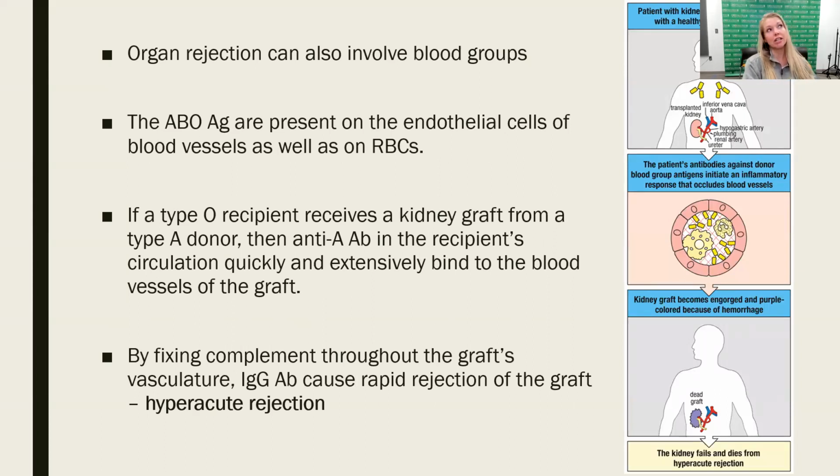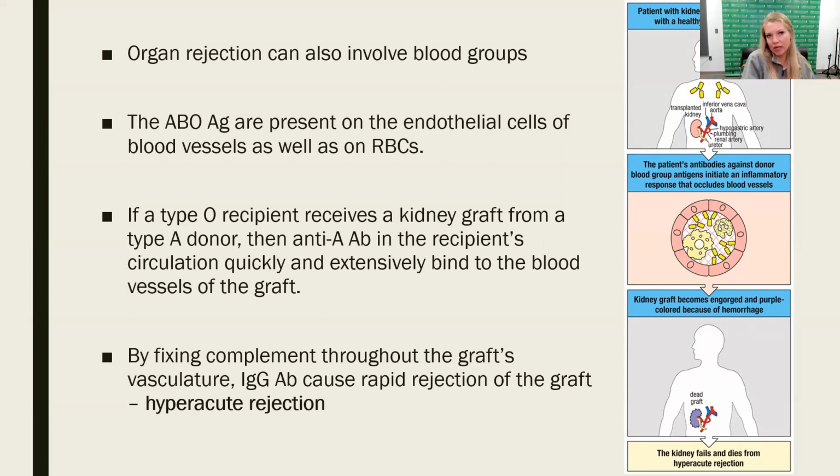Organ rejection can also involve blood groups, because if we think about an organ, especially a kidney, they're highly vascular. They have a lot of blood vessels running through the tissue. Even if all the blood is drained out, those endothelial cells will present ABO blood groups as well.